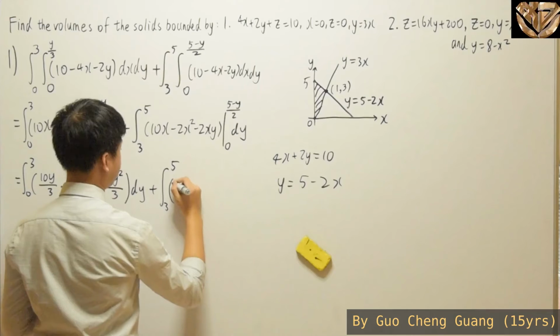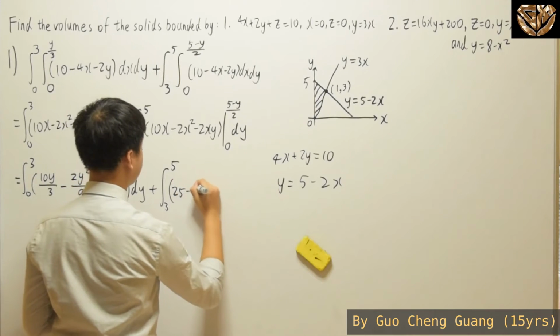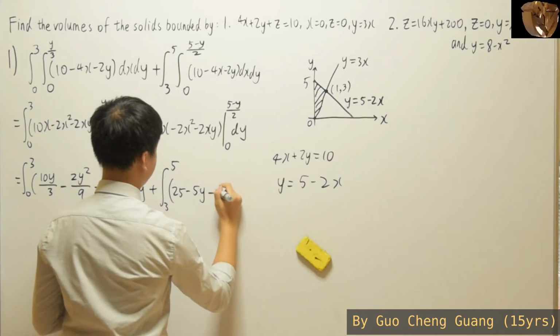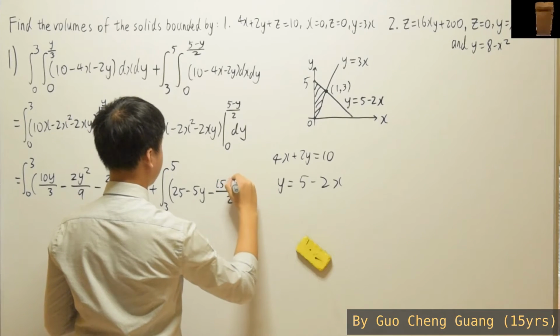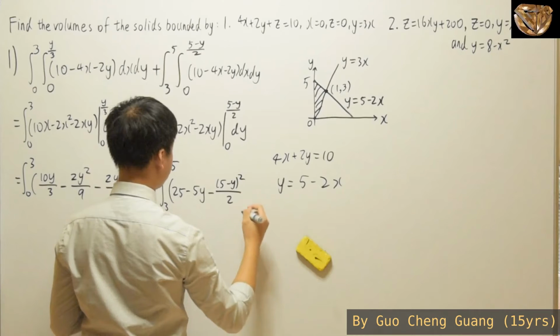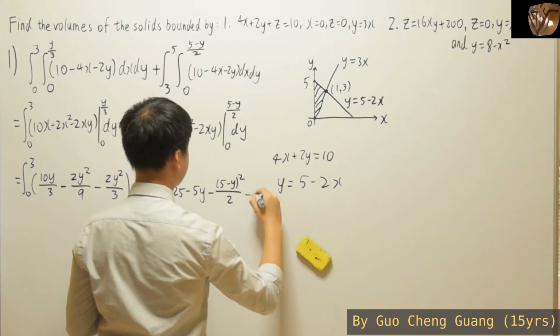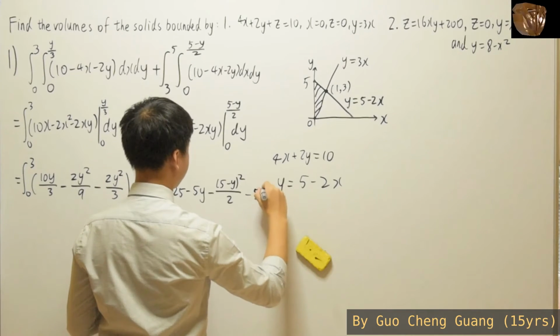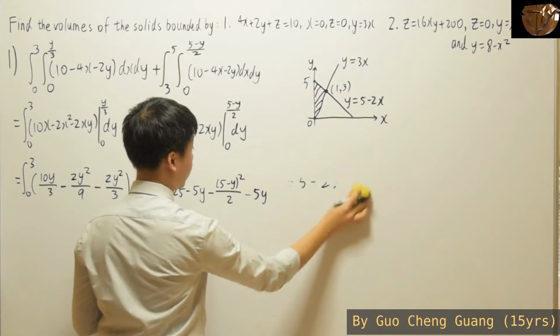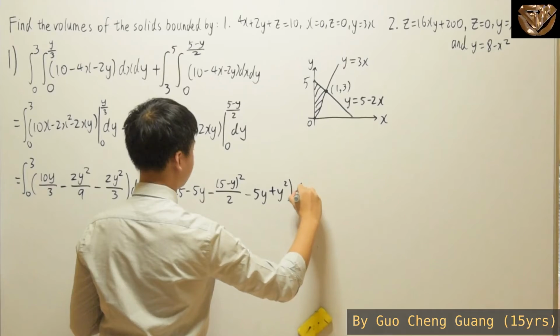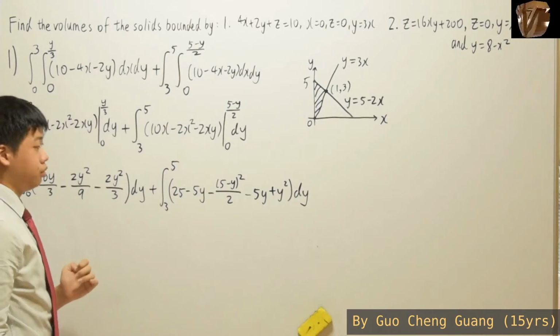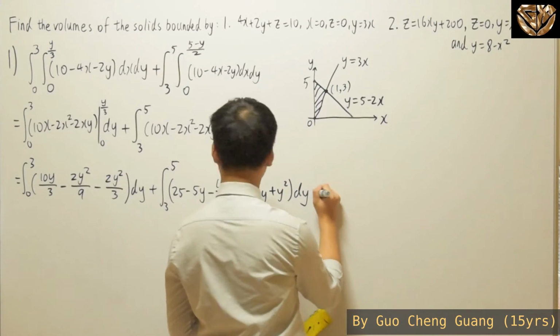So 10 multiplied in, you can have 25 minus 5y, and then minus 5 minus y squared over 2, and then minus 5y plus y squared. Right, so this is what you have left.